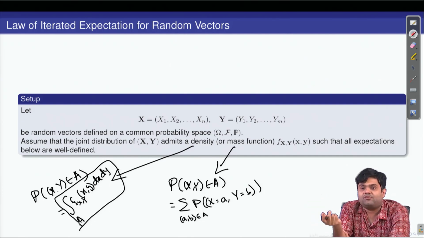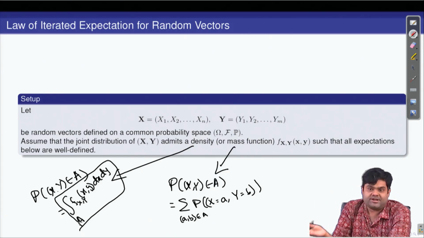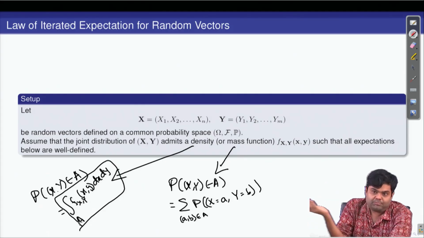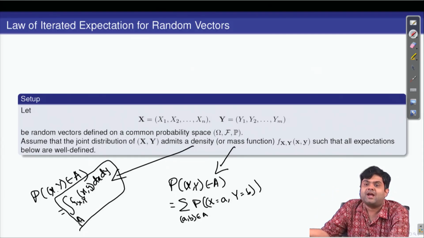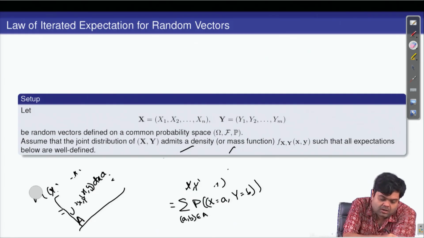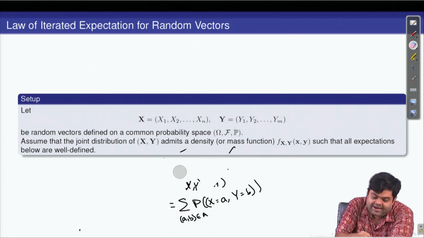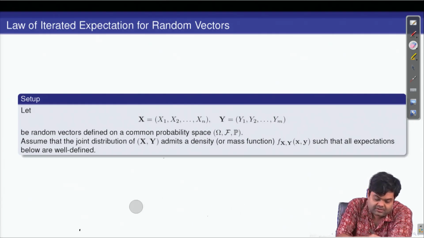For example, if you choose a point uniformly between 0 and 1, the probability of that point being equal to any specific point will be 0, but the probability of it being between 0 and half will be half, or between 0.4 and 0.9 will be half. So probability is decided by the length of that interval.